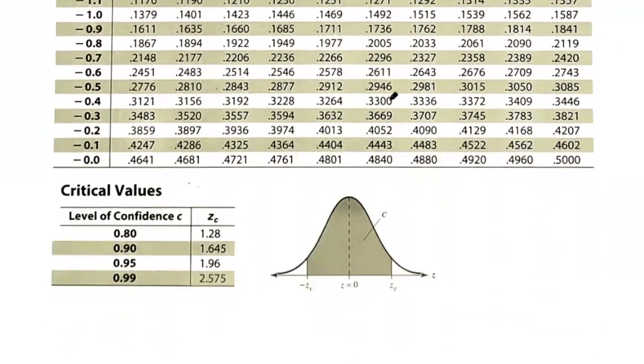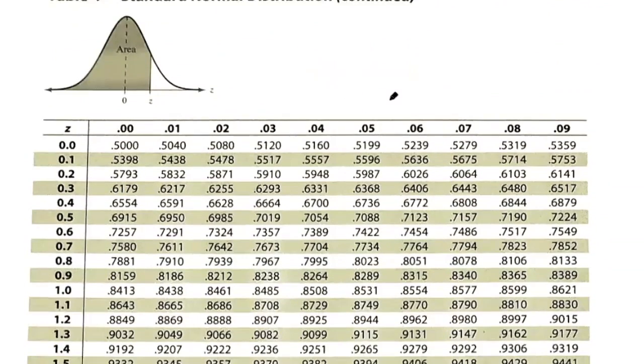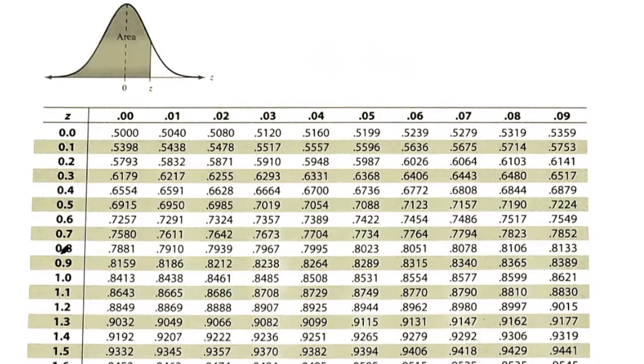Then you'll also get a similar table for positive values of z. Now, since z is positive, it would be larger than average. So that's why in this picture, you're going to see z all the way out here. These numbers represent the cumulative area starting at the left edge of the curve all the way up to here, so adding up all of this area.